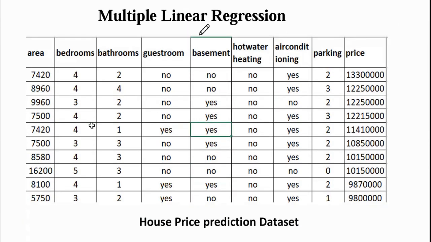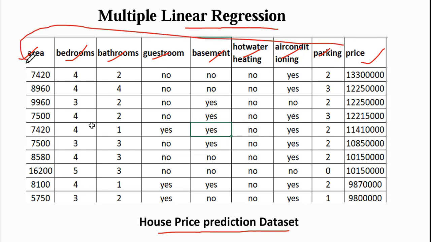For example, if the dataset contains more than one independent feature, let us take the house price prediction dataset. If you want to predict the price of a house, it may depend upon some features such as area of the house, number of bedrooms, bathrooms, guest room, basement, hot water heating, air conditioning, parking.